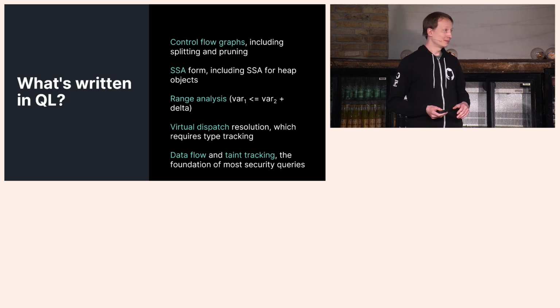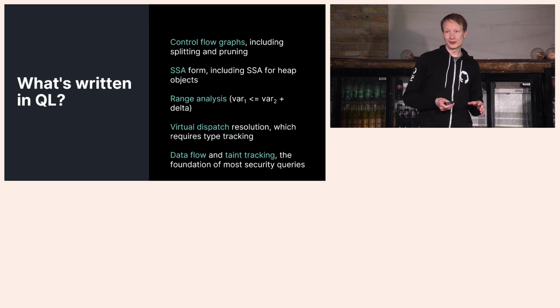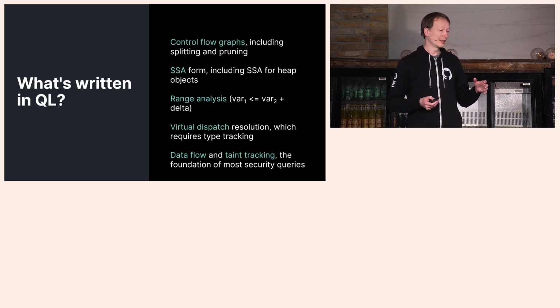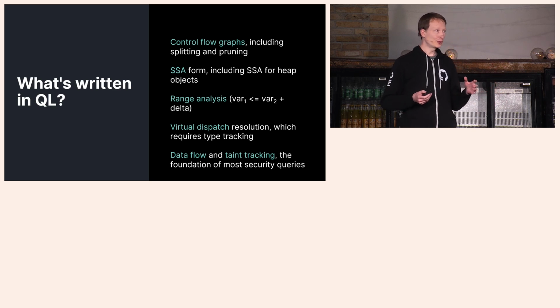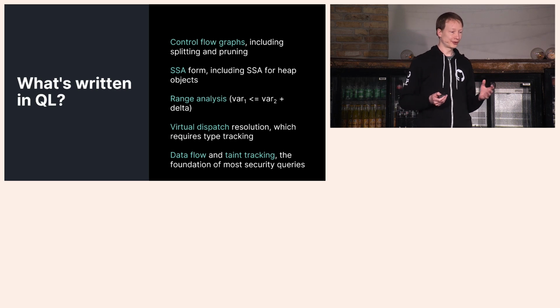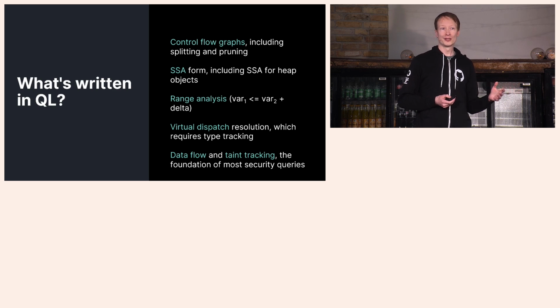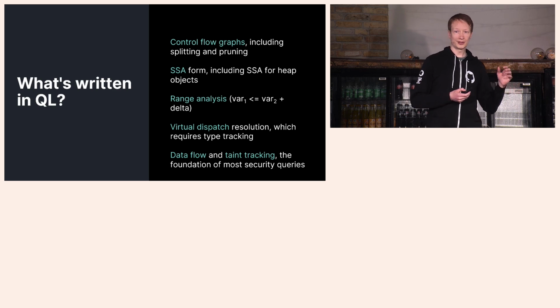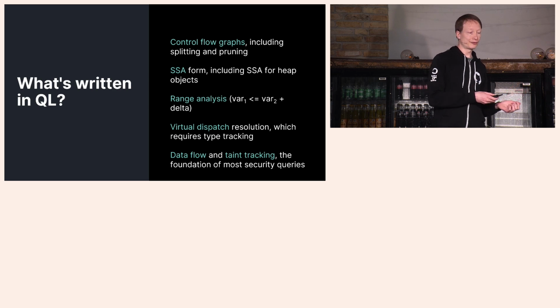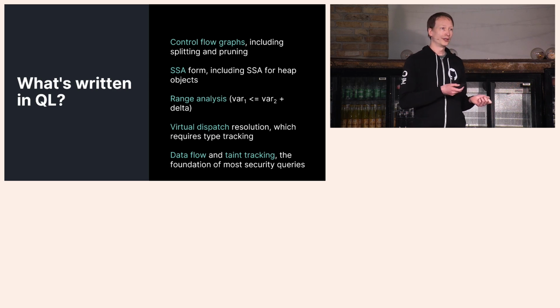Okay, so putting all this together in QL, we've written all these libraries, mostly reusable across languages. So what goes into a QL database is essentially the abstract syntax tree of a program. So it's roughly what comes out after parsing. And from that, we can compute the control flow graph. We can put it into single static assignment form, which is very convenient for all sorts of static analysis.